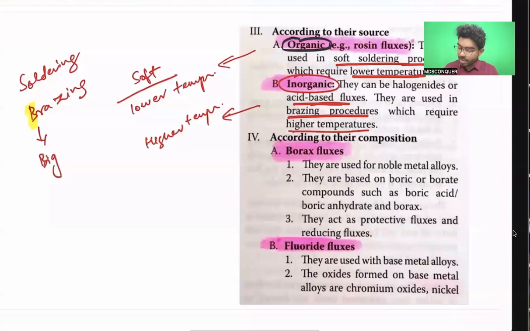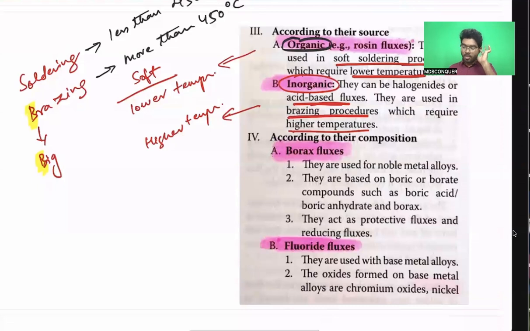Soldering is less than 450 degrees centigrade, whereas brazing is more than 450 degrees centigrade. In soldering, you are going to use organic fluxes, whereas in brazing, you are going to use inorganic fluxes.